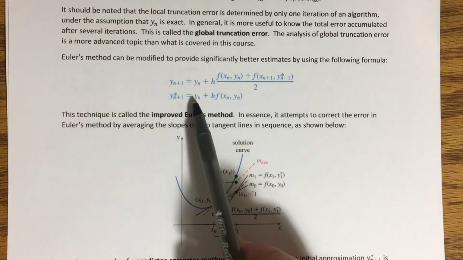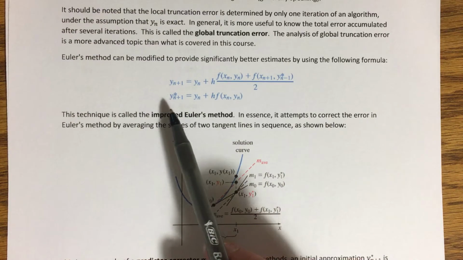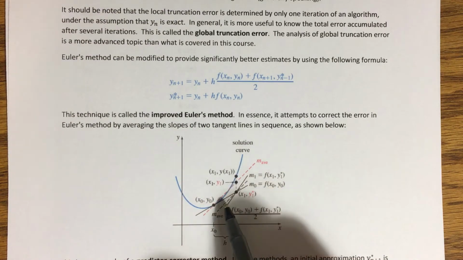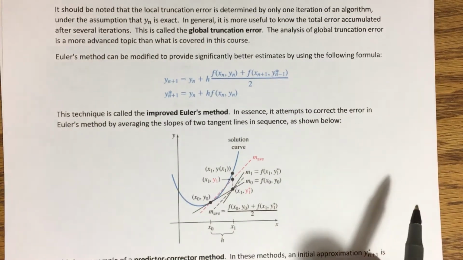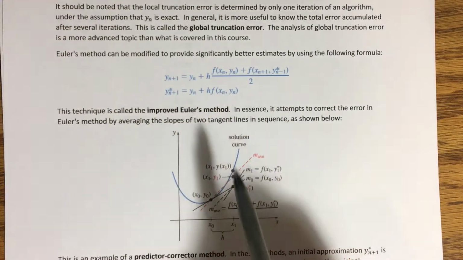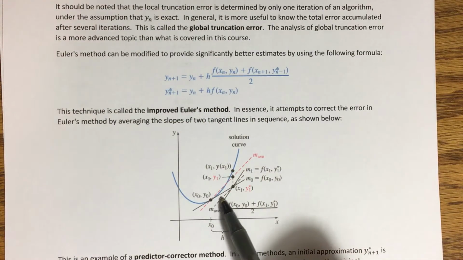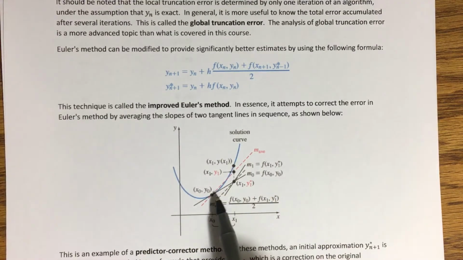But if yn is not exactly equal to y of xn, then it'll become a line that's parallel to that tangent line. And that's supposed to give us the general direction that the curve is moving at that point. Now, looking at this graph down here, here's where we're starting, x naught, y naught. That's an actual point on the curve itself.